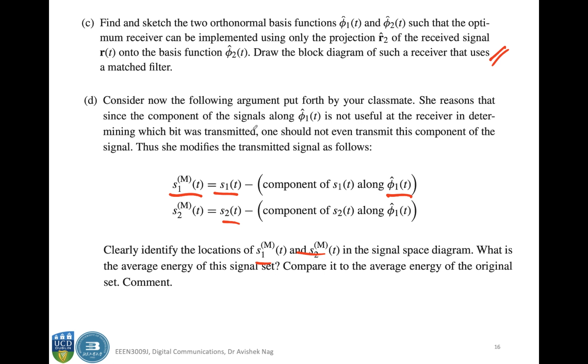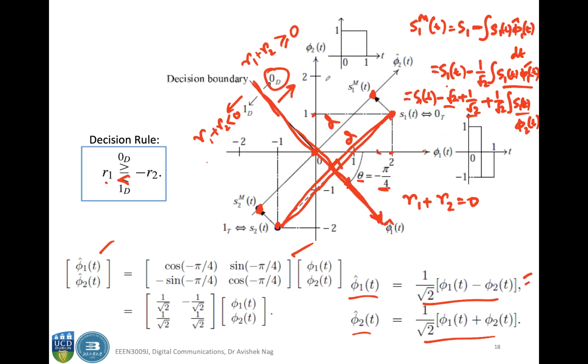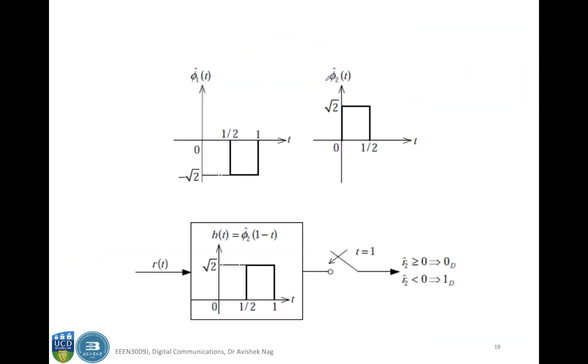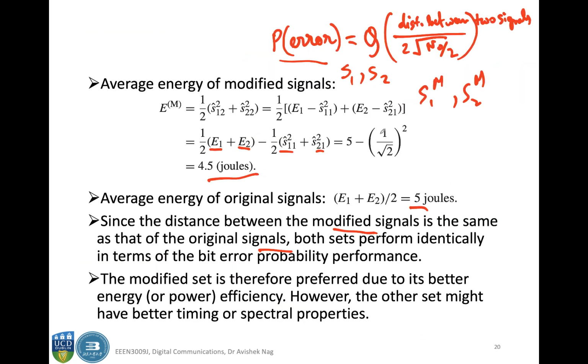that you don't need the component of the signals along phi 1(t). So in terms of probability of error performance, these two are the same, okay. But energy wise, the modified signals have less energy, okay. So the modified set is preferred due to its better energy efficiency, okay.